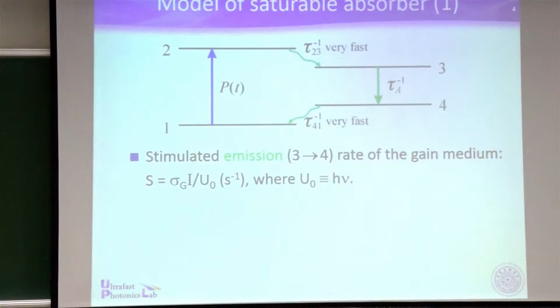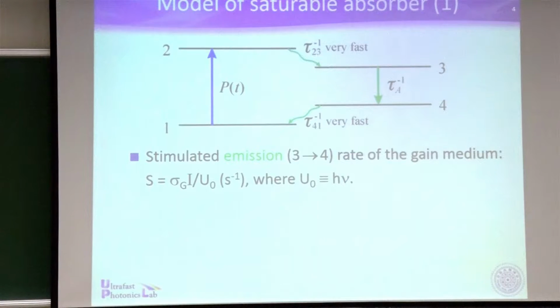Do you still remember the meaning of stimulated emission rate? Based on the physical units, 1/second. So this parameter specifies the percentage of electrons on level 3 stimulated to level 4 in 1 second. So the larger this number, the stronger stimulated emission occurs.